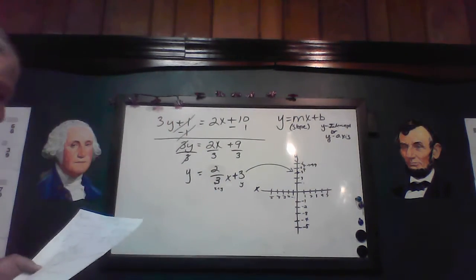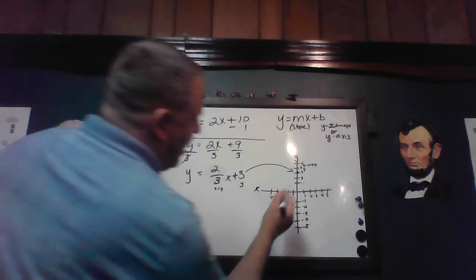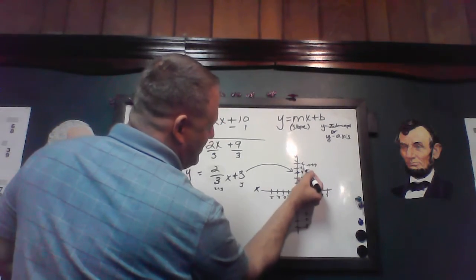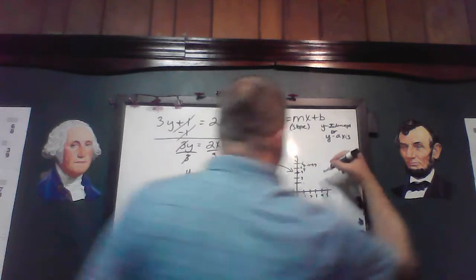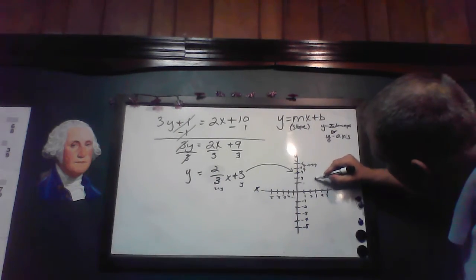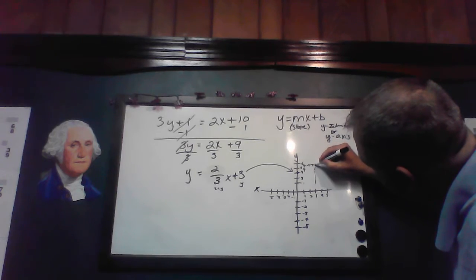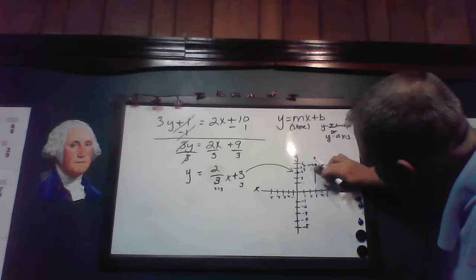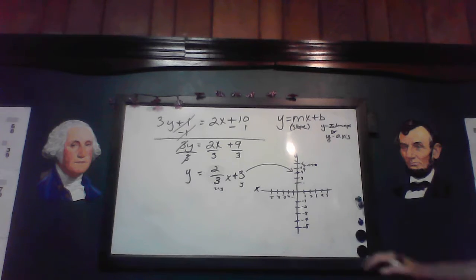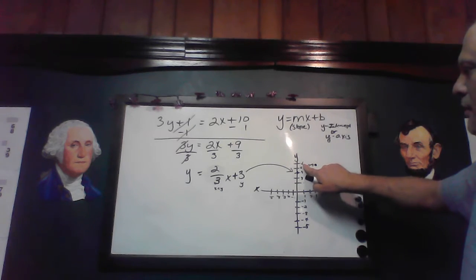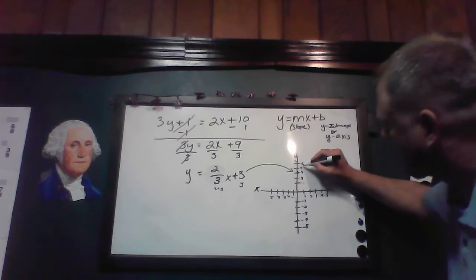Okay, so basically we're going to end up going up 2 and over 3. So if we can see that here, I'm kind of off a little bit, but we'll just say our 3 is there. Okay, so I can erase the 2 up and the 3 over.